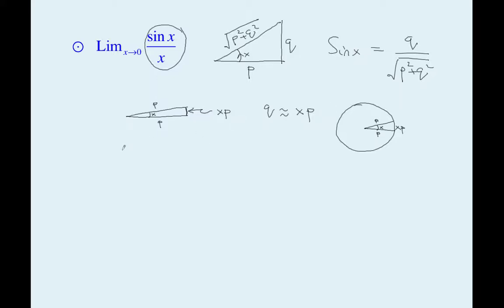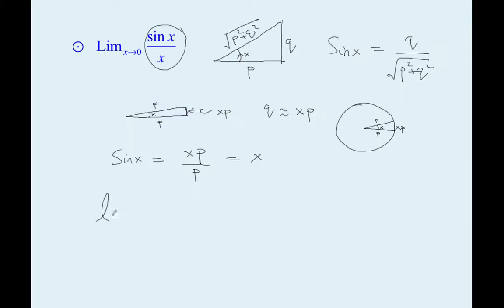Now immediately what we've seen is that sine of x, as x becomes small, is going to be pretty close to xP, this height, divided by the square root of P squared plus Q squared, which is of course P itself. And so sine of x is going to be very, very close to x itself.